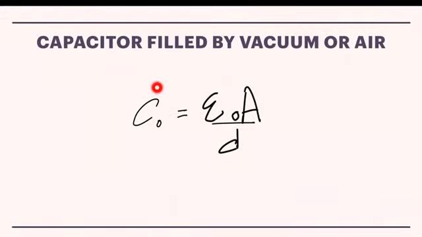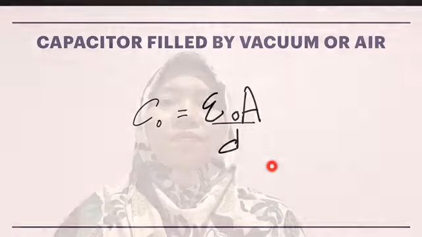In order to get a larger value of capacitance, the area of the plates must be greater, or the distance between the two plates must be smaller.